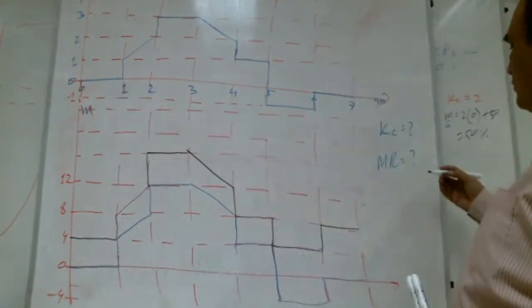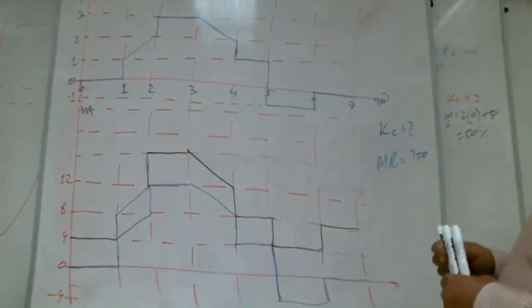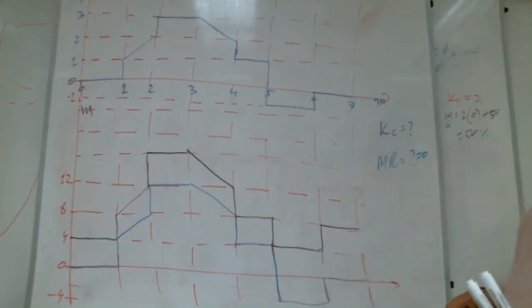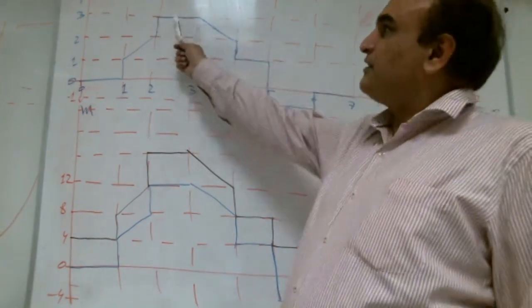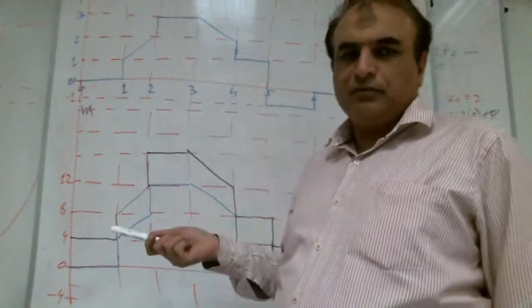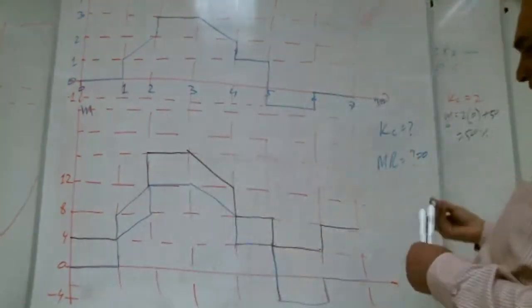How much is the gain? 4. How do we know that? For example, here it is 3, here it is 12. So 12 by 3 is 4. You can take any place. So the gain is 4.